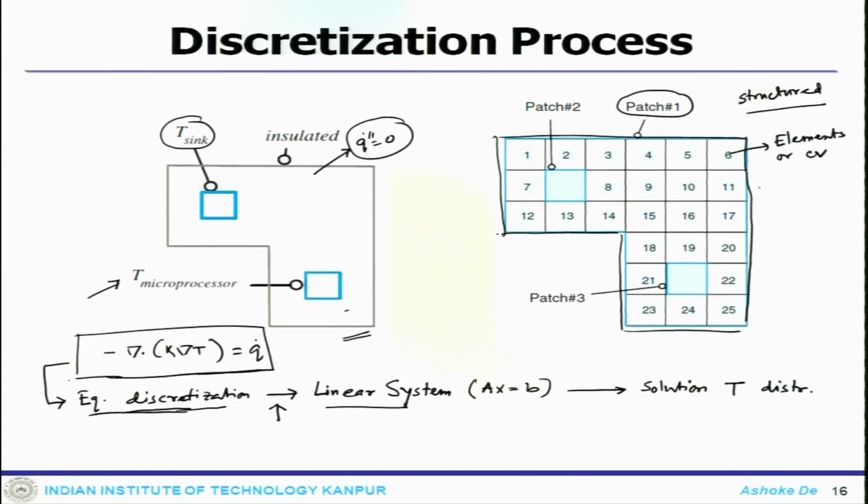As soon as we say it is an insulated system, we do not have any heat flux. This heat flux boundary condition is of Neumann type, and for patch 2, this is the heat sink. Heat sink means there will be a fixed temperature, so it will have a Dirichlet type boundary condition, or constant temperature boundary condition.